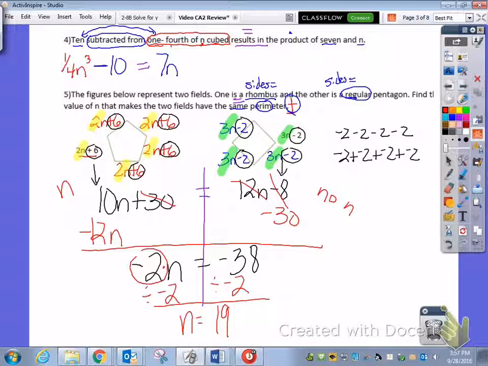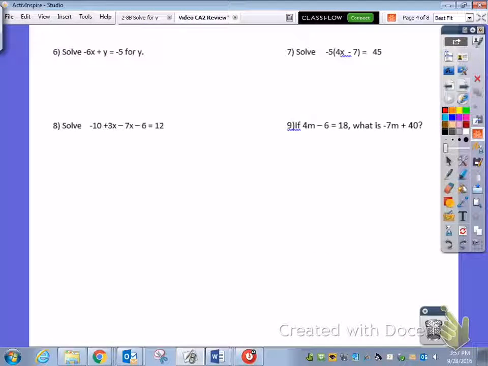Okay, on the next one, so on number 6, we're just doing some solving. Remember, draw your line. I want to solve for y. So this side has a y, so everything on the other side will not have a y. Okay? So I'm solving for y. That means this needs to go. It does not have a y. So this one is going to move.